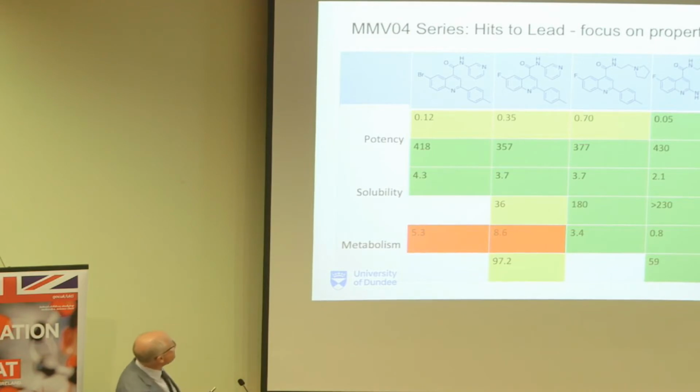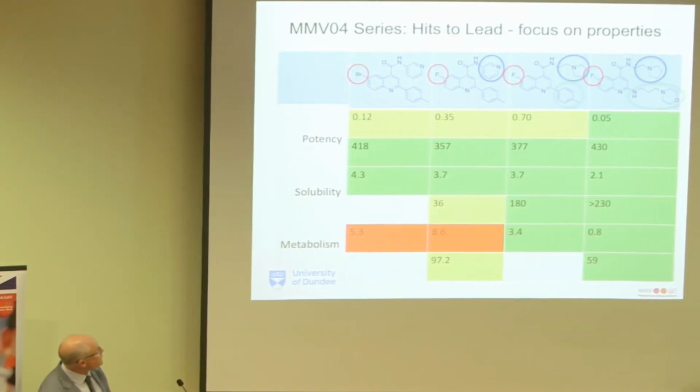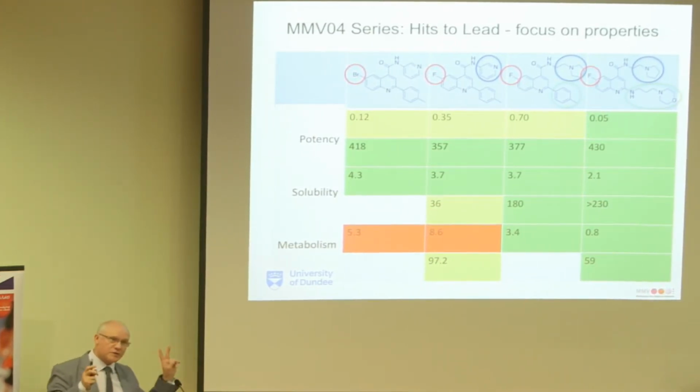So you can see this compound didn't start off so clever, had a couple of green boxes. This one was amber, this one was red. These were so off the scale that we couldn't even give them a score. By making a very small change, changing that bromine to a fluorine, brought these other parameters on scale at least, so that was something. Changing this little group here for a different shaped group here gave us many, many more green parameters, and then finally changing this group here for this group here gave us the perfect or close to perfect molecule.